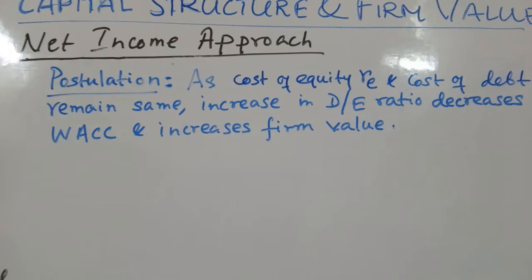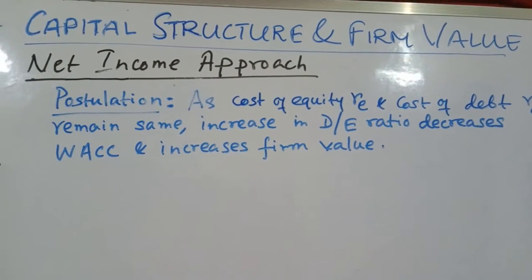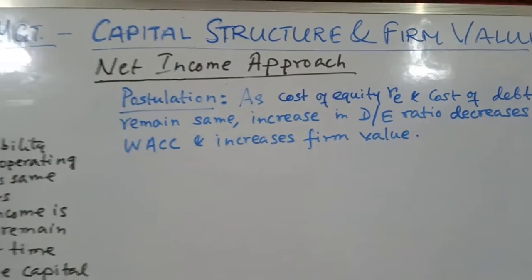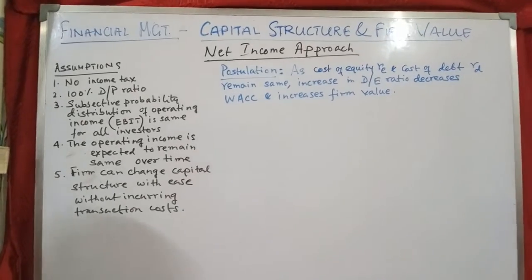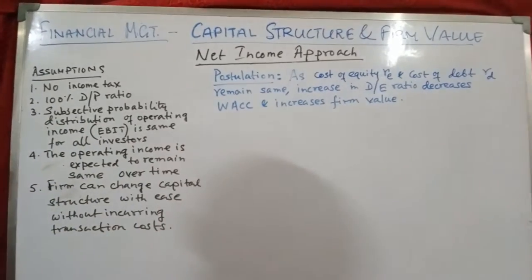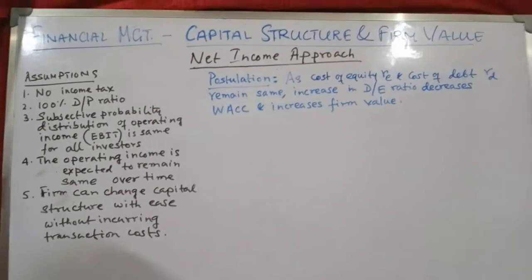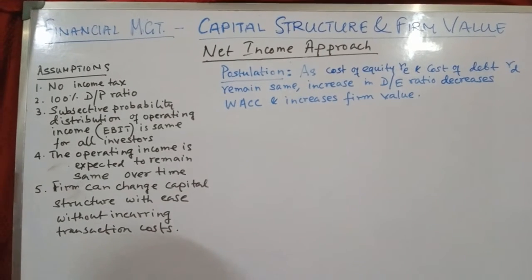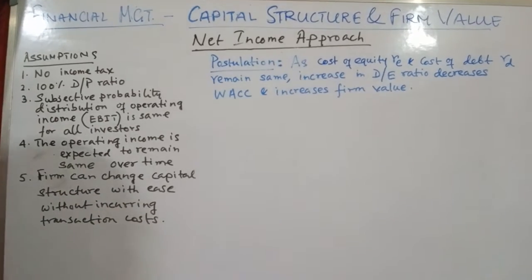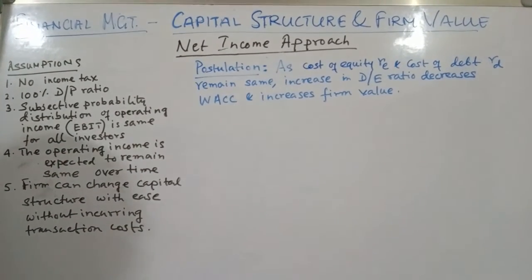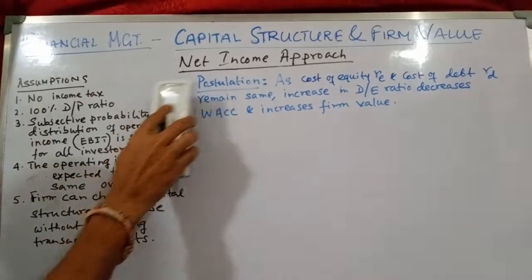One is an unlevered firm, that is, there is no debt capital in the capital structure of the firm, and the other one is a levered firm, that is, the firm's capital structure consists of equity capital as well as debt capital. Correct? And we shall consider the same operating income and the same cost of equity and cost of debt for both the firms, the unlevered firm and the levered firm.